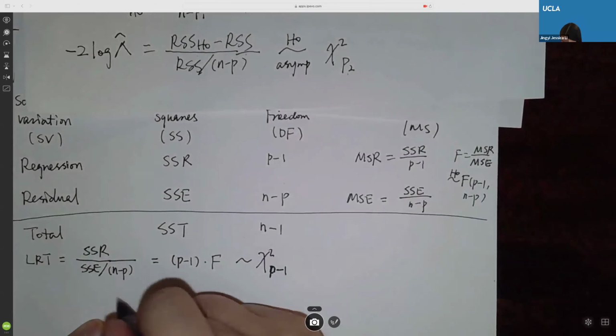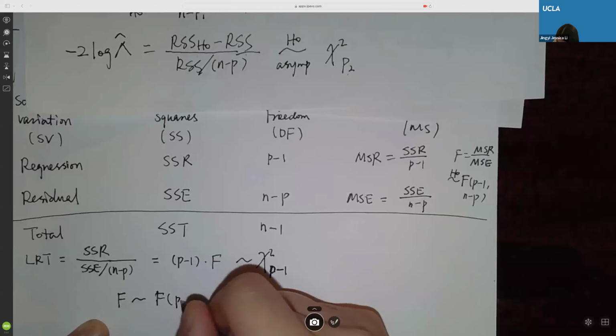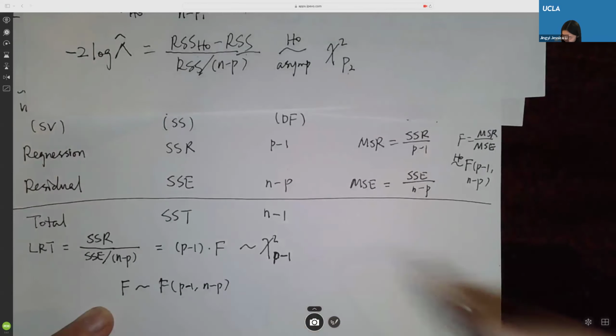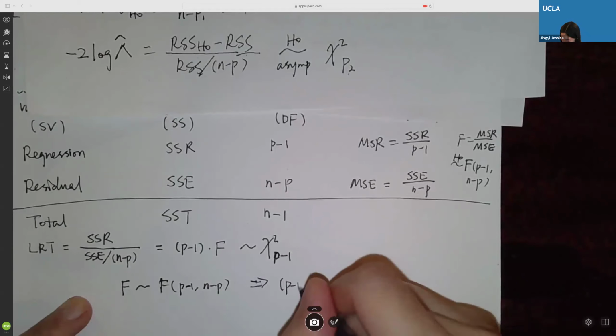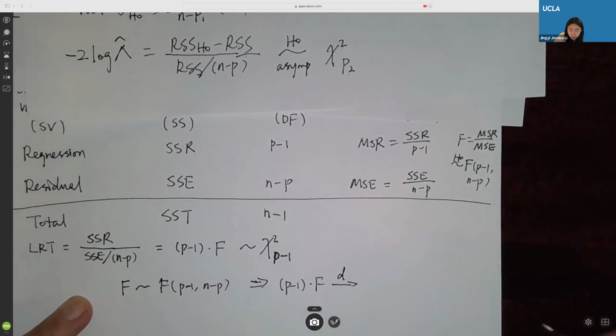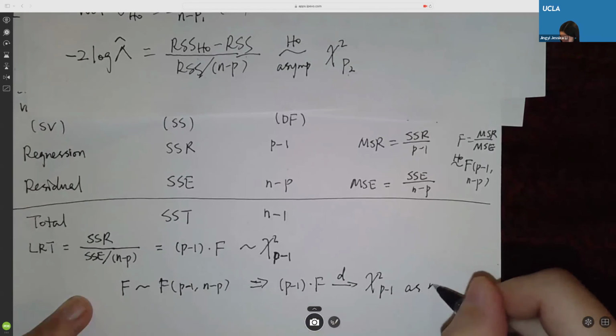So basically I'm saying that if F follows F distribution with p minus 1 and n minus p degrees of freedom, then what I can do is multiply p minus 1 times F. This will converge in distribution to chi-square p minus 1 as n goes to infinity.